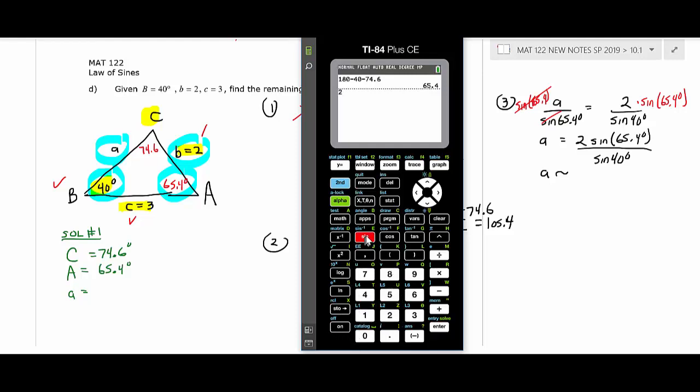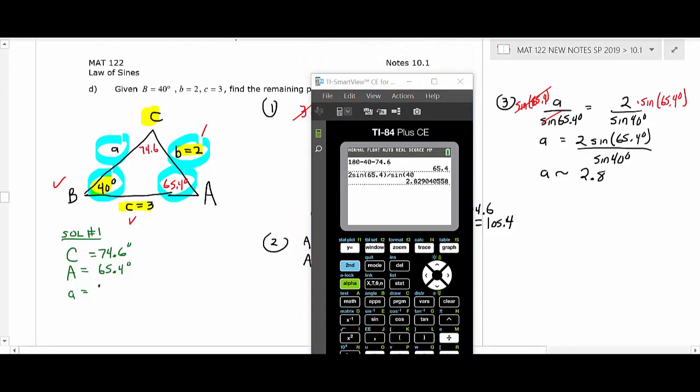So 2 sine 65.4 and divide by sine 40. And there we go. There's our answer. So that would be about 2.8. So we've got our first solution there. Okay. All right. So that is solution 1.